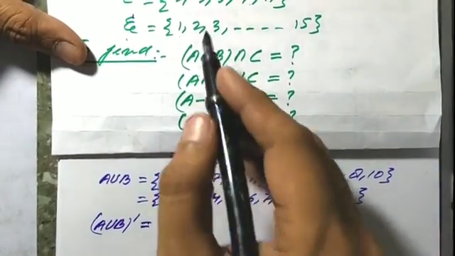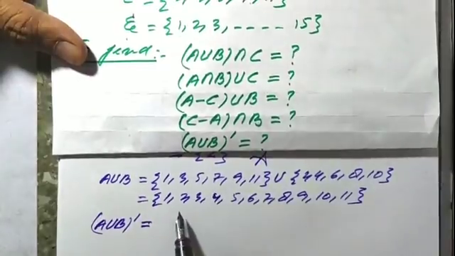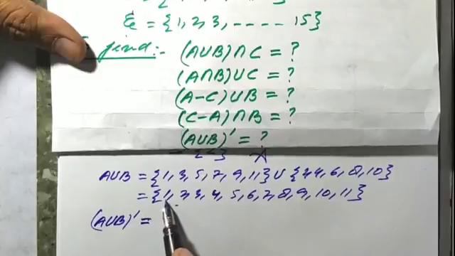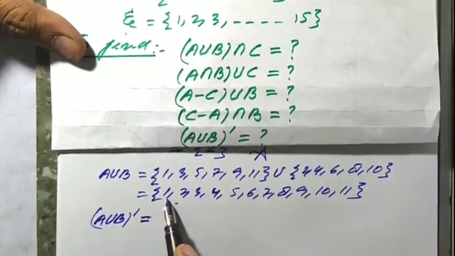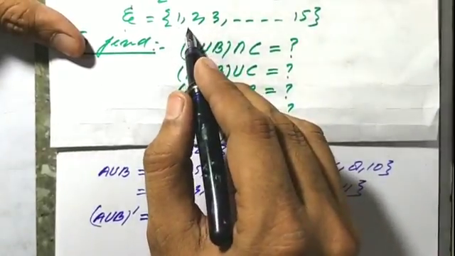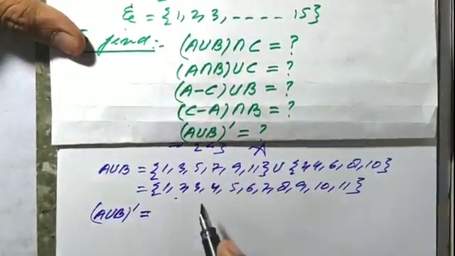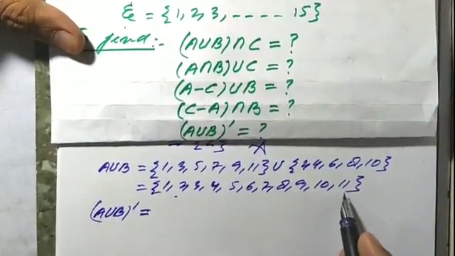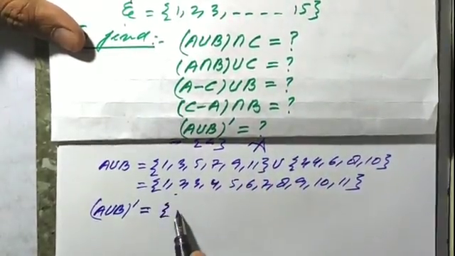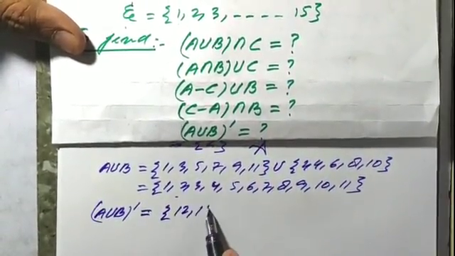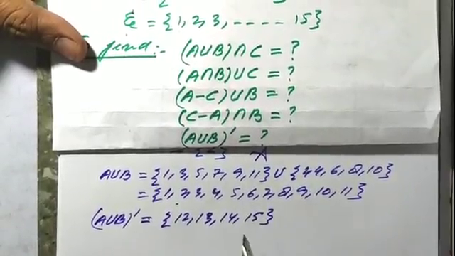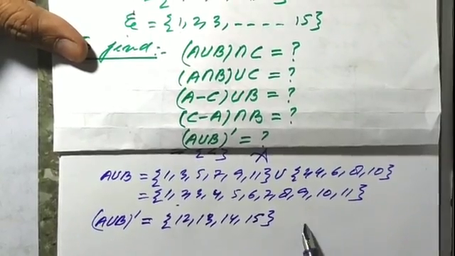So we have to take all the elements of this set which are not contained by A union B. So obviously A union B contains all the elements from 1 to 11. So if we observe those elements of the universal set which are not contained by this set, these elements are 12, 13, 14, 15. So the set 12, 13, 14 and 15. This is A union B complement.